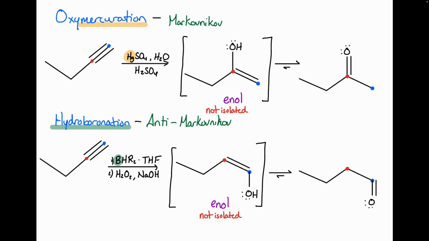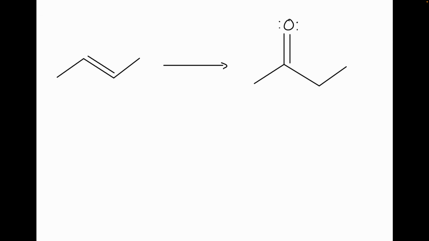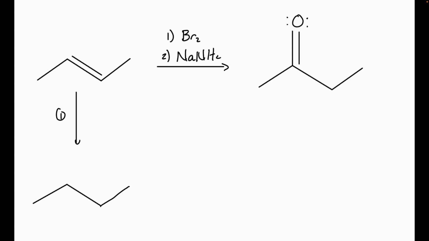So again, key here to our synthesis strategies, we can again do our halogenation followed by our strong base. For the sake of variety, I'm going to use a different strong base. I could use either. Okay, this will give me that alkyne.